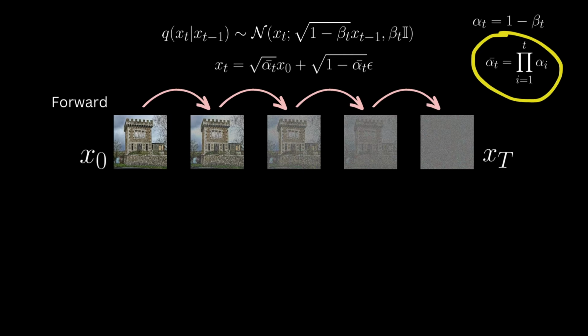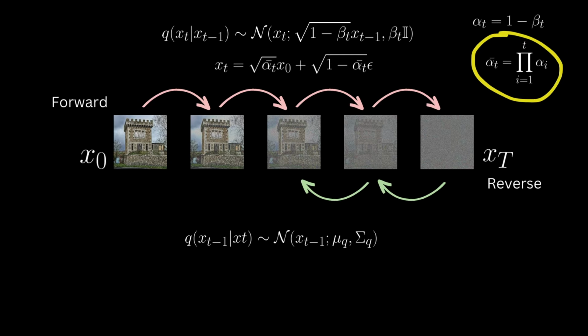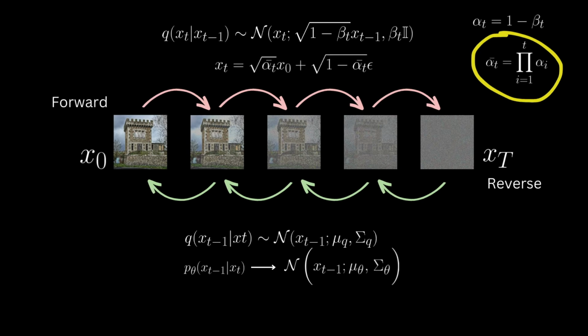We then have a model learn the reverse process distribution. And because the reverse diffusion process has the same functional form as the forward process, which here is a Gaussian, we essentially want the model to learn to predict its mean and variance.